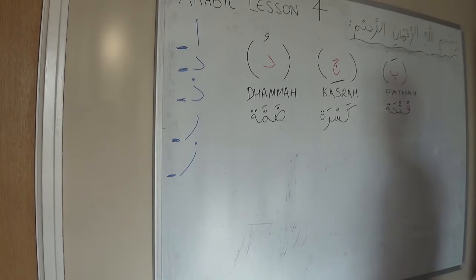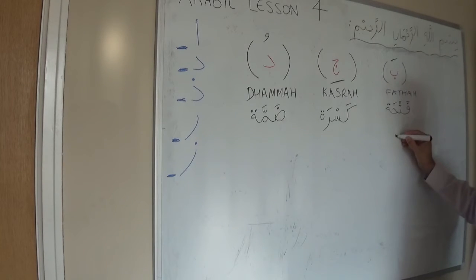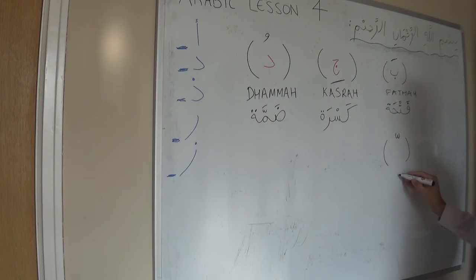We also have the shadda. You'll see this sign, a W sign, on a word, and that's the shadda. And this is like there's two of those letters in there.